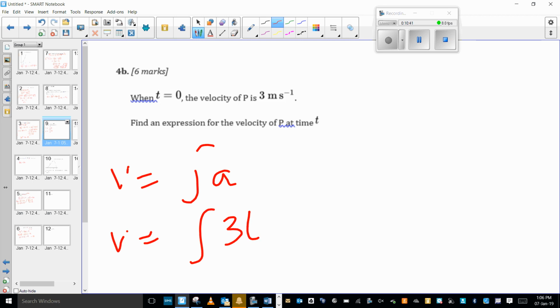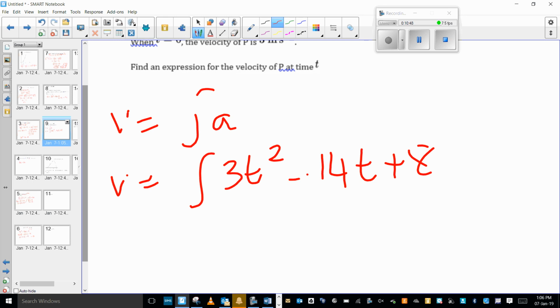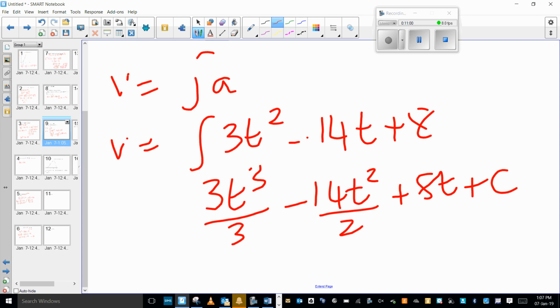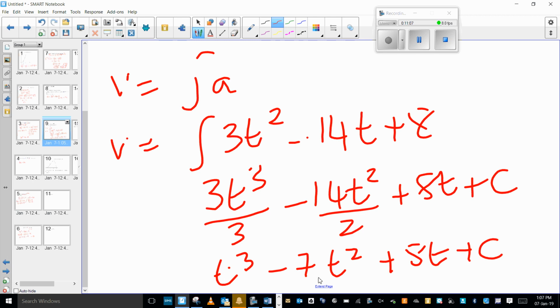So 3t squared minus 14t plus 8. We're going to find the integral of that. So that's 3t cubed over 3 minus 14t squared over 2 plus 8t plus c. So that becomes t cubed minus 7t squared plus 8t plus c. So that's the velocity.